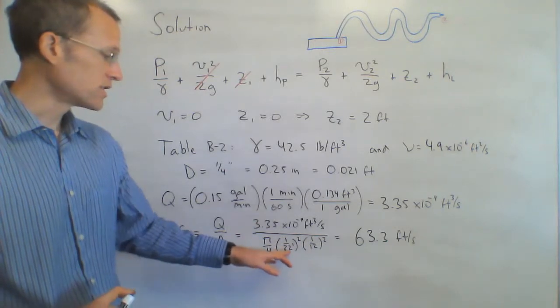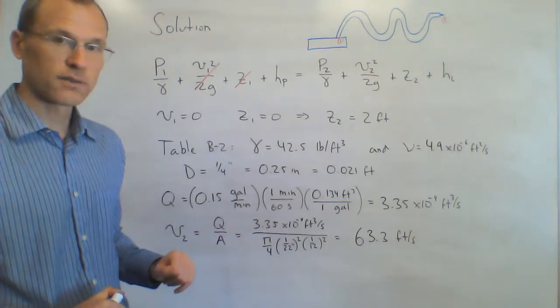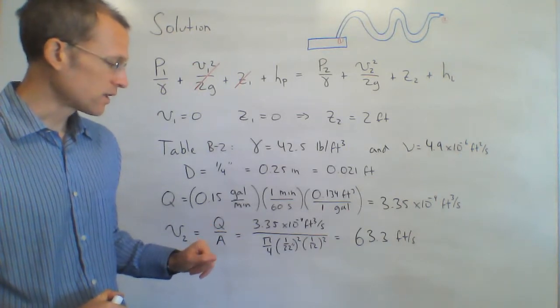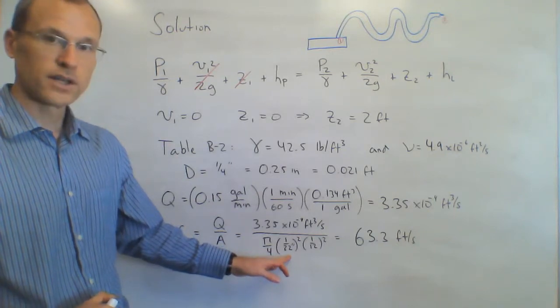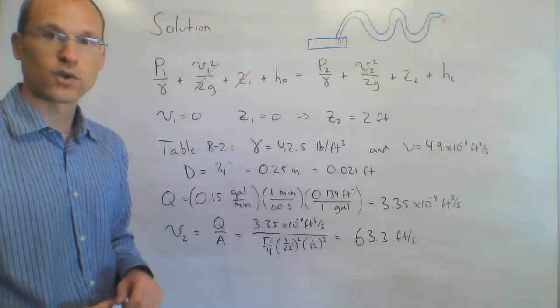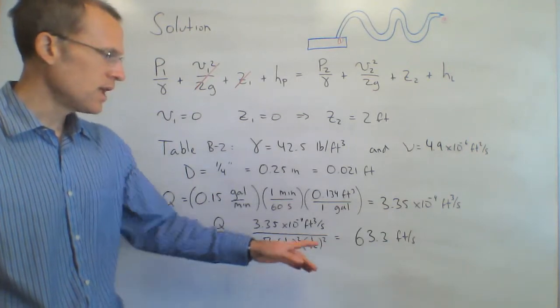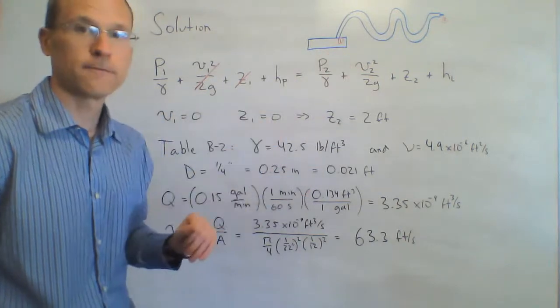Remember, my jet is 1/32 of an inch. So flow rate over area, 3.35 times 10 to the negative 4 cubic feet per second divided by pi over 4 diameter, 1/32 of an inch squared. But then I want that in feet, so I have another factor of 1 over 12 squared as well. Gives me 63.3 feet per second as my V2 coming out of that jet.